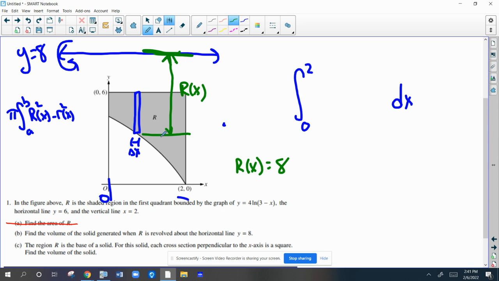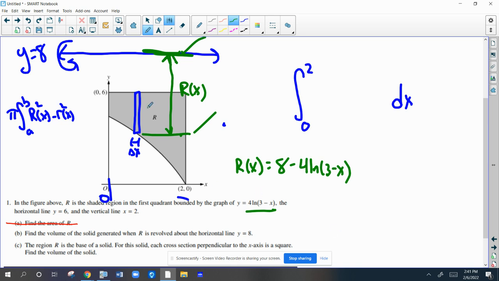And the bottom arrow is always on this graph, which is that value of y, which is natural log, or I'm sorry, 4 times the natural log of 3 minus x. So all we're doing is just measuring this length, the top y minus the bottom y.